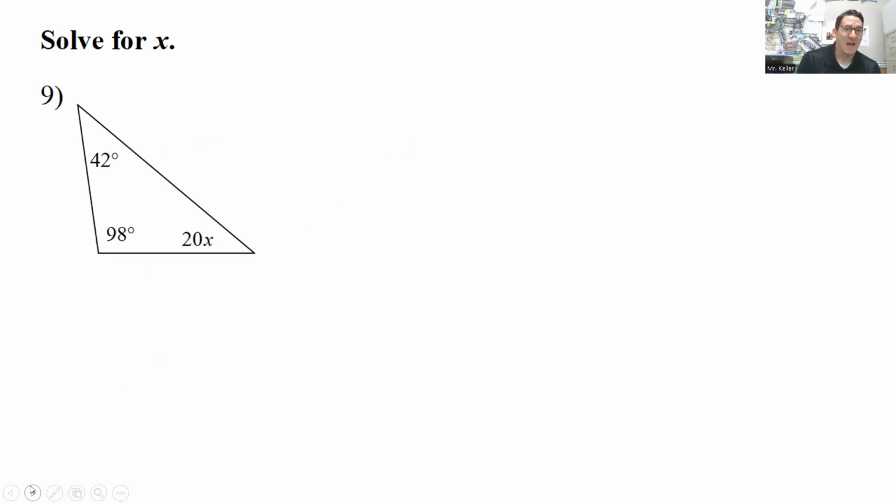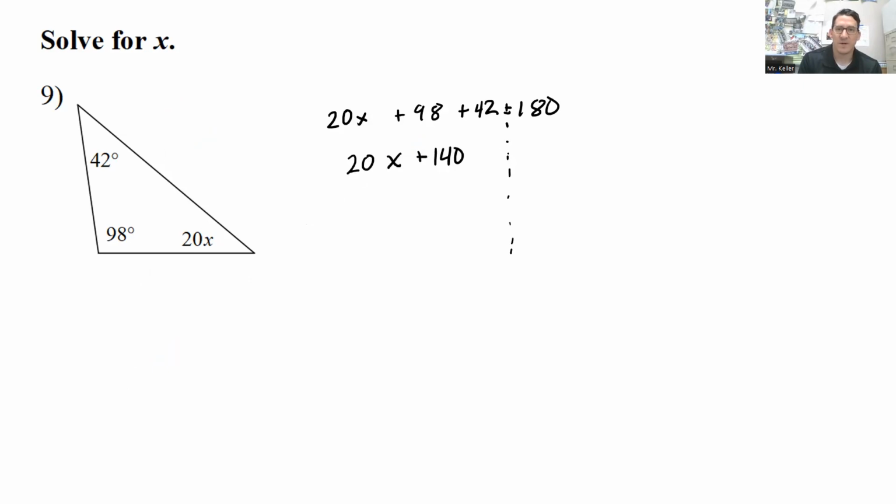So find X. All I need to do is add up all these angle measures. So I get 20X plus 98 plus 42, and it adds to 180. All right. Solve this. 98 plus 42 is 140. So you get 20X plus 140 is equal to 180. And then solve for X. I am going to subtract 140 from both sides.